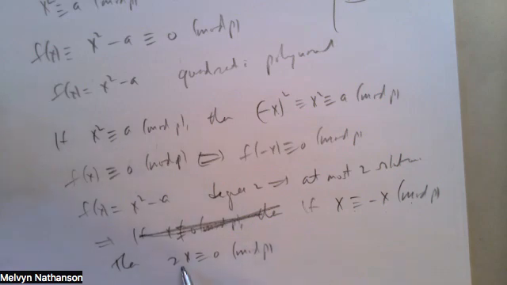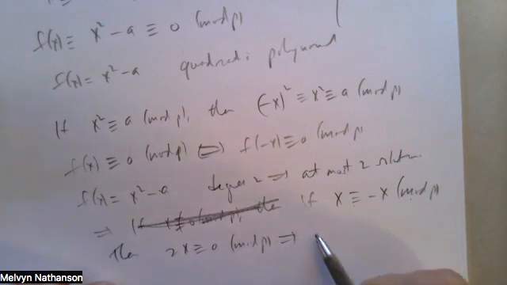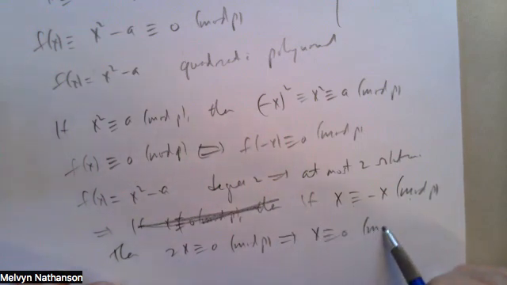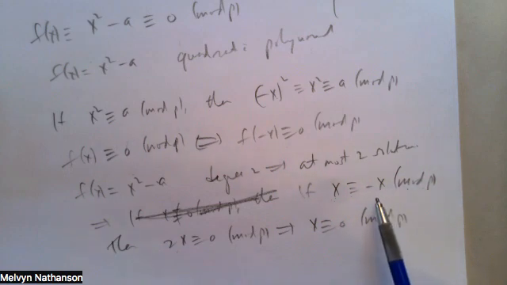So p divides 2x, but p is odd, so it doesn't divide 2. So x is congruent to 0 mod p. So the only time x and minus x are congruent mod p is when x is 0.